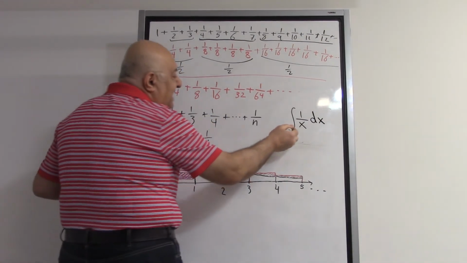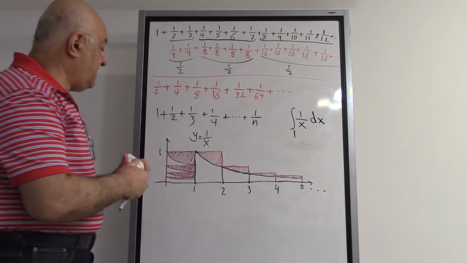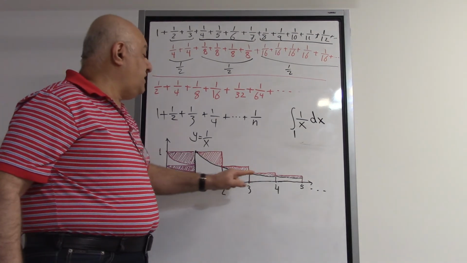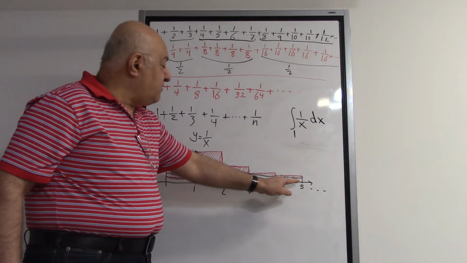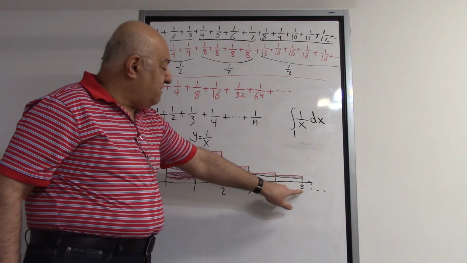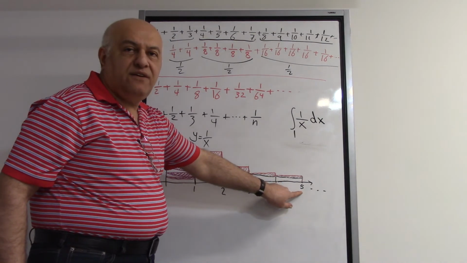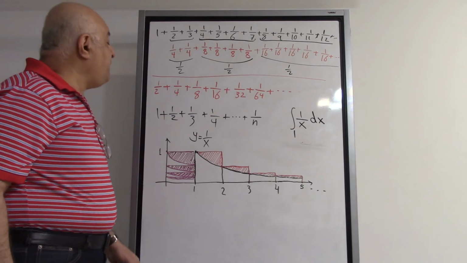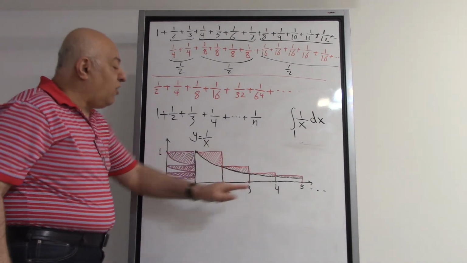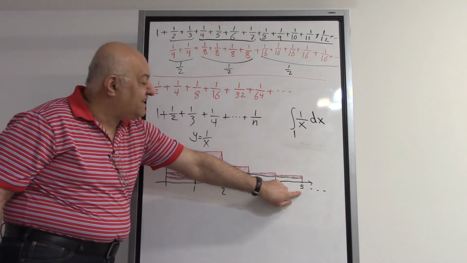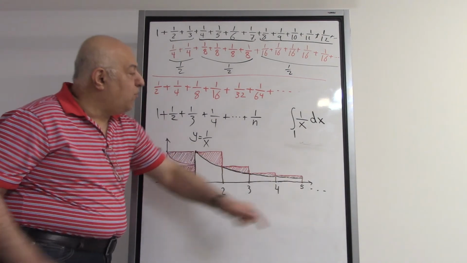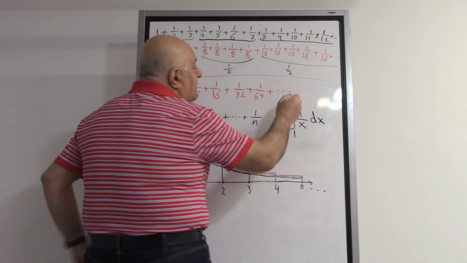From 1. Look, this is 1, 2, 3, 4, 5. This is your fourth one. What's the endpoint of that? It's 5. So if you go n of these, the endpoint is always 1 more. So it is n plus 1.